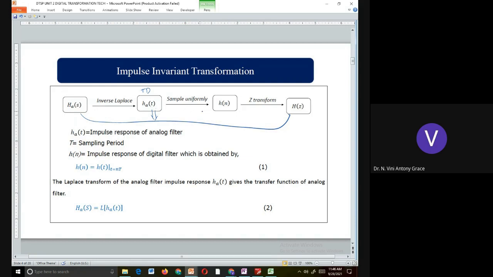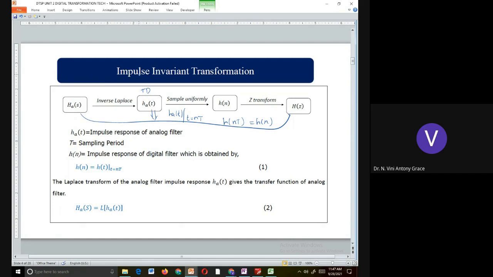HA(t), the continuous time impulse response, is sampled uniformly at every t = nT seconds. T is called the sampling period. If this is sampled at t = nT, we will get h(nT). Usually we consider T as 1, so this can also be approximated as h(n).